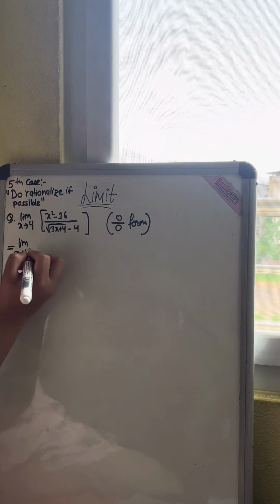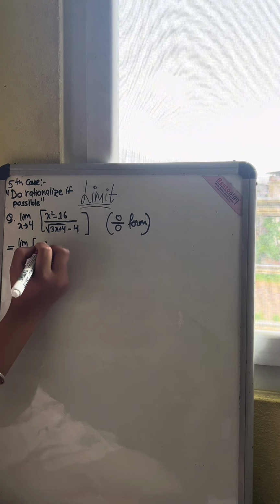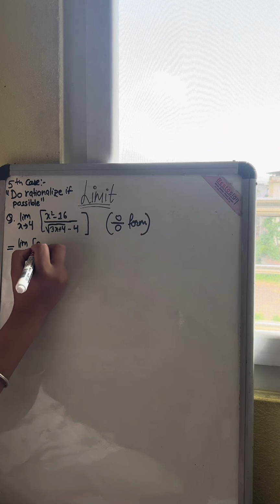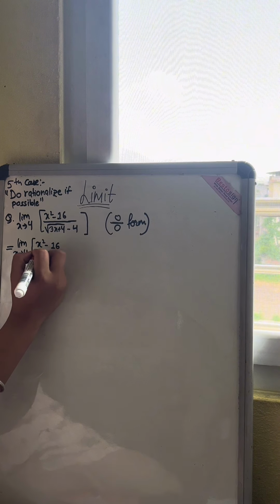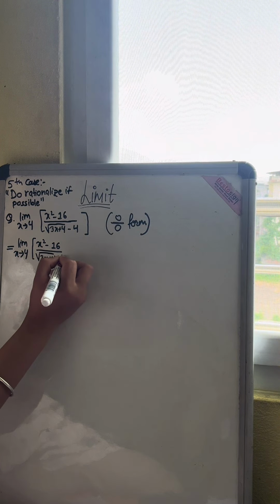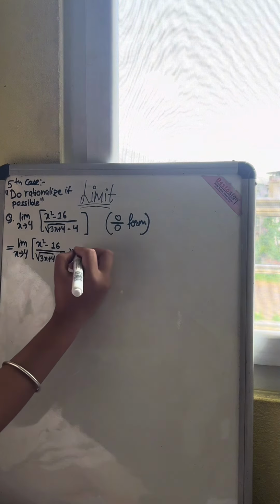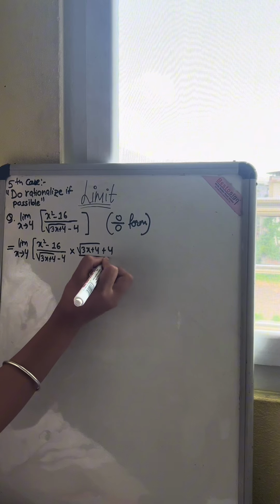Now let's solve this. First of all, we have to rationalize the denominator, which is under root 3x plus 4 minus 4. The rationalized form will be under root 3x plus 4 plus 4.